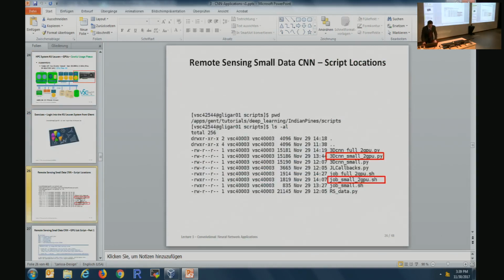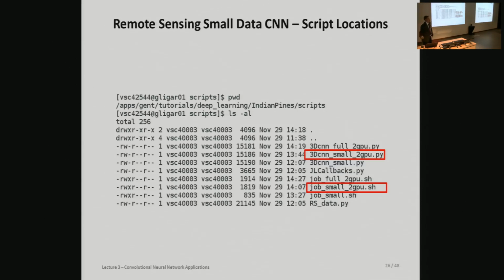The particular files we need should already be in your home directory. We prepared the full version for you too, but for the moment, for the sake of the tutorial, please focus on the small one. When you're at home, on Saturday, Sunday, or next week Monday, you can still try out the full one, or use it on your own GPUs if you have one, like one of the participants here.